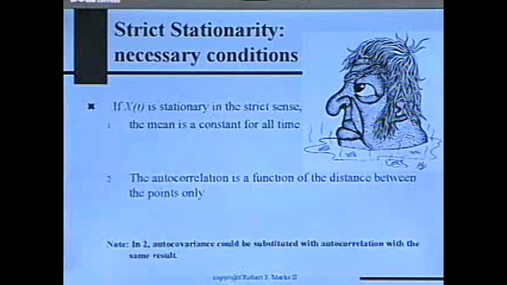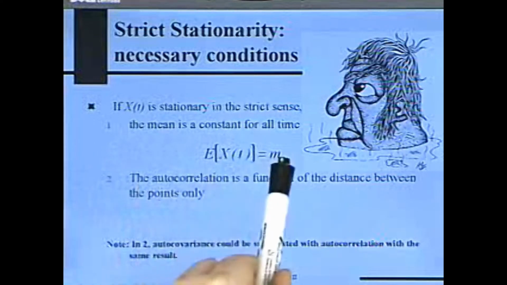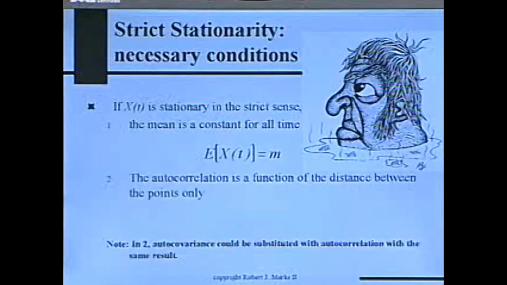If the expected value were not a constant with respect to time, then where it changed would be different from where it was different, and so you would not have stationarity. So that's one of the criteria: the expected value of x of t is equal to m, where m is not a function of time. It's equal to a constant.